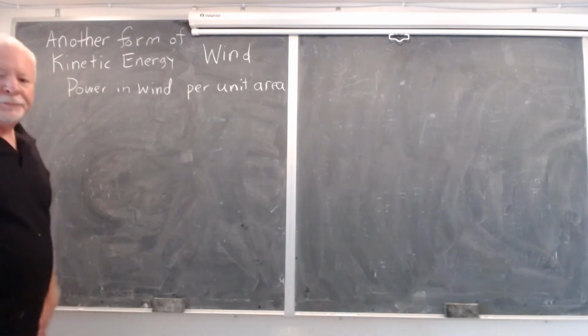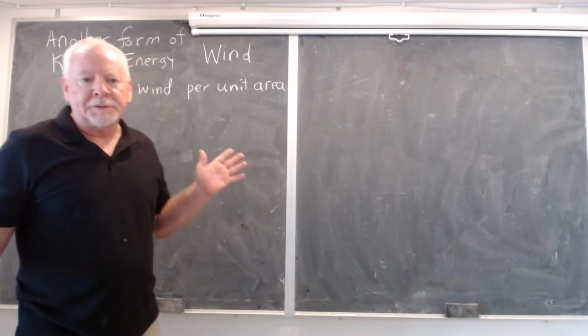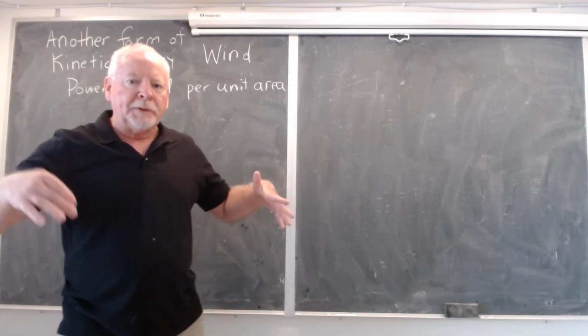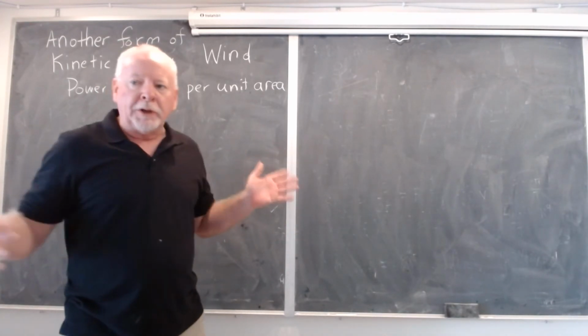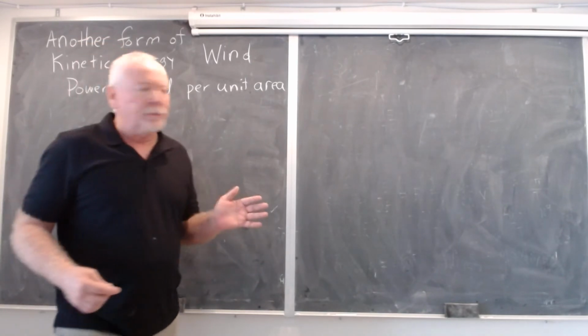What we're talking about is that the wind has a certain amount of power per unit area, which makes sense. The bigger the area, the bigger the power will be.